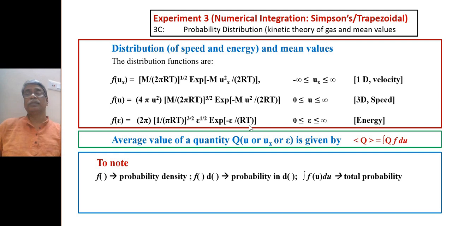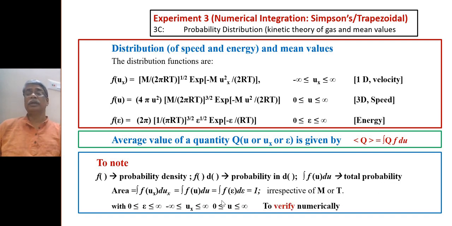Now when it is multiplied by the volume element, some d tau or dux or du or d epsilon, whatever it is as per the problem, the density multiplied by the volume element gives you probability in that small volume element, and when you integrate, that means you are summing up the probabilities over small portions, so we are getting the total probability, right? So as per the probability rule, the total probability is always unity.